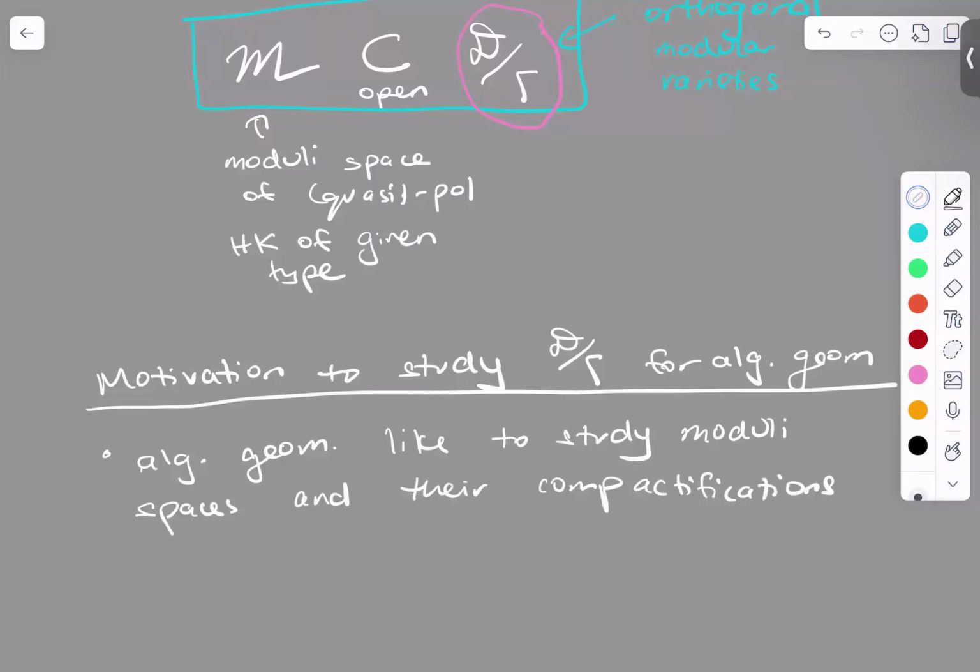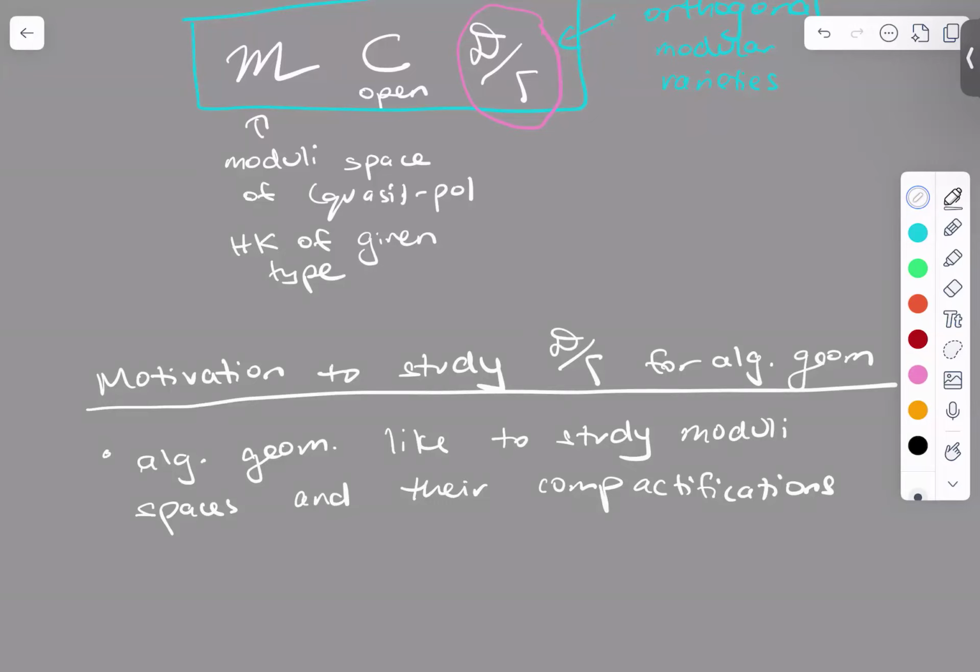Why do they like to study these moduli spaces? I mean, this is for different points of view. One is that these give interesting classes of naturally defined algebraic geometric objects. Algebraic geometers in general are interested in understanding the geometry of moduli spaces. And understanding the geometry of moduli spaces helps us understand families of varieties, right?